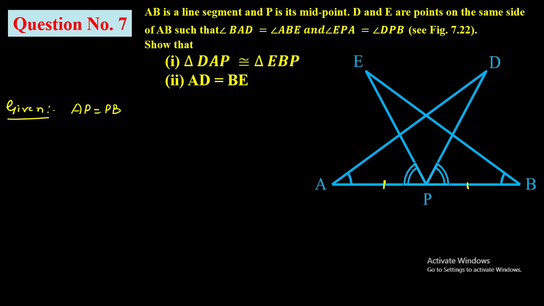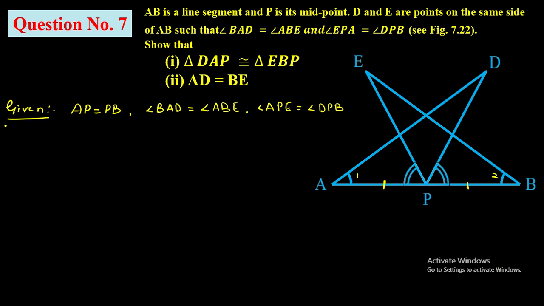Such that angle BAD is equal to angle ABE. This one, angle 1 is equal to angle 2, and angle APE is equal to angle DPB.